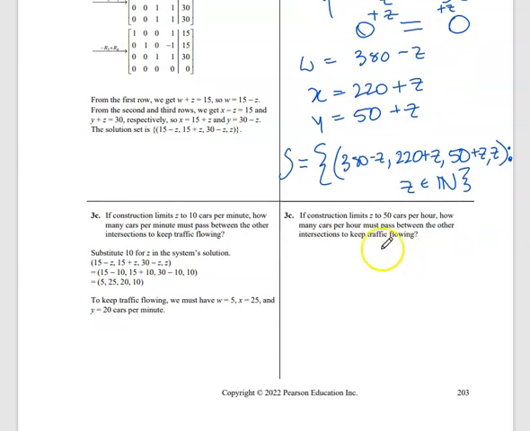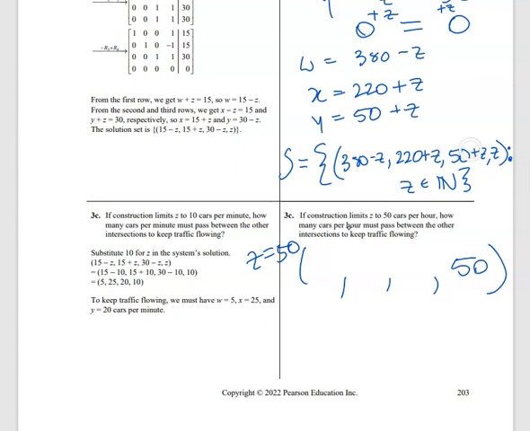And so now, what about this part? If construction limits z to 50 cars, how many cars per hour must pass between the other intersections to keep traffic flowing? So it's just asking us what the solution will be when z is 50. So we just want to plug in z equals 50. We know that there's going to be w, x, y, and z is 50.